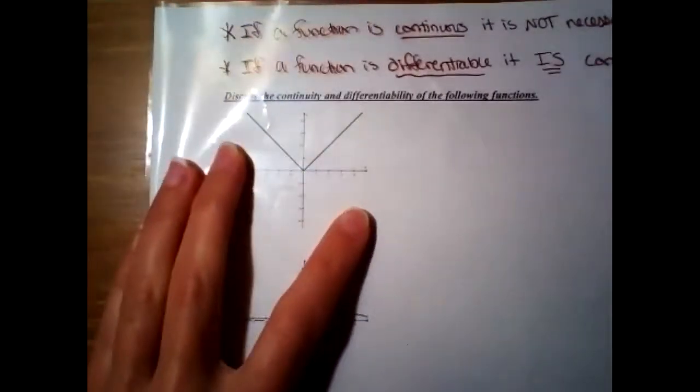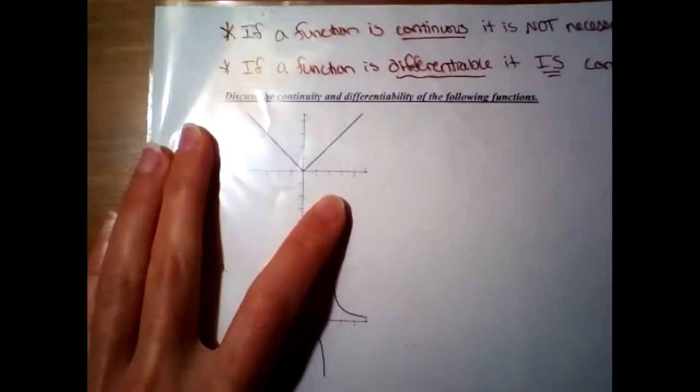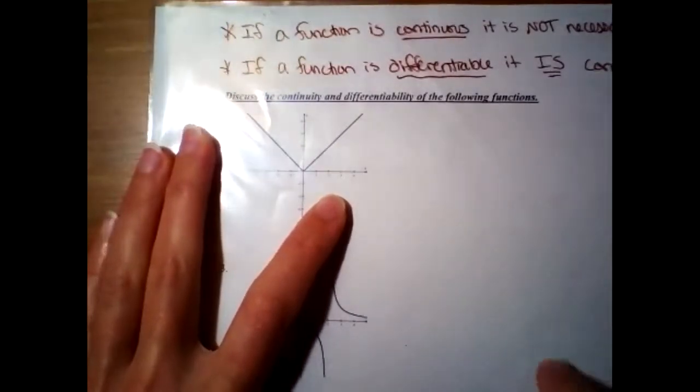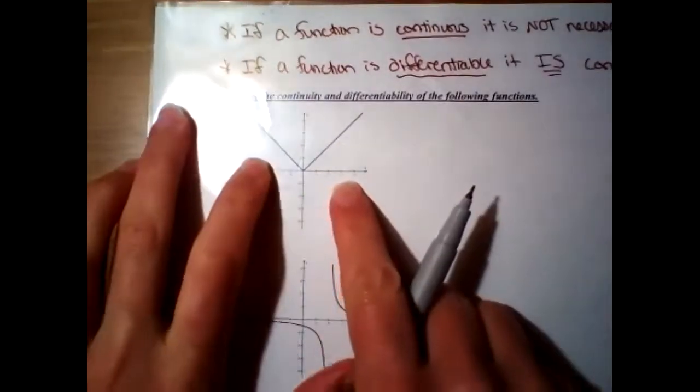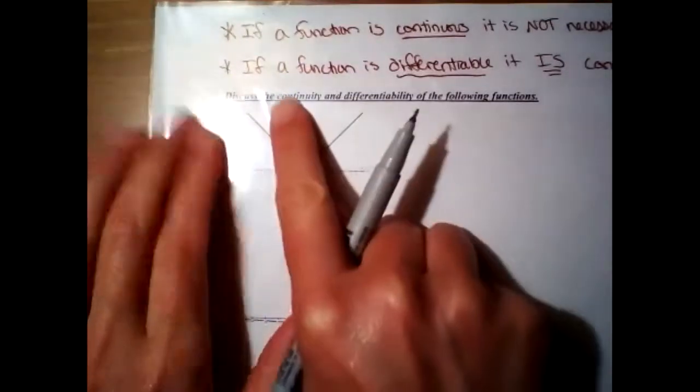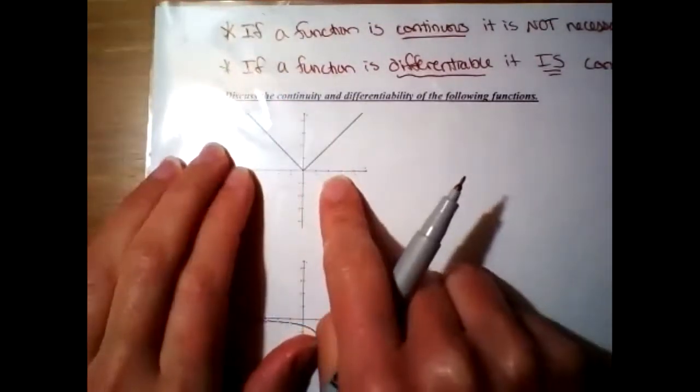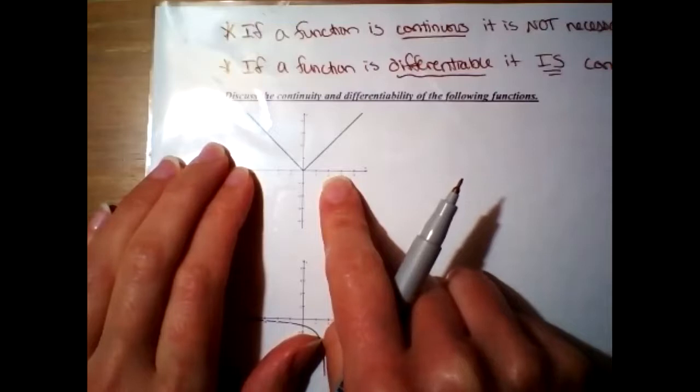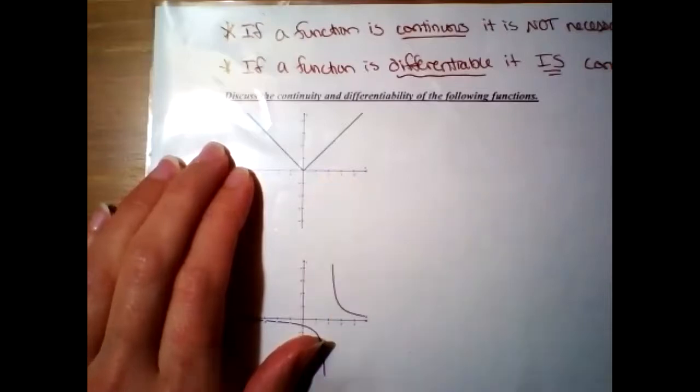So for these, we're going to discuss the continuity and differentiability of the functions. What do you guys think for number 2, the absolute value graph, continuity? Is this function continuous?